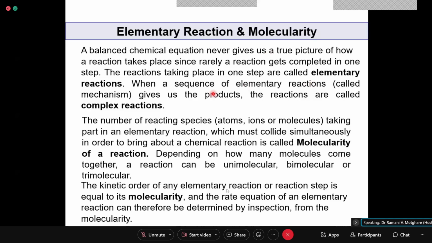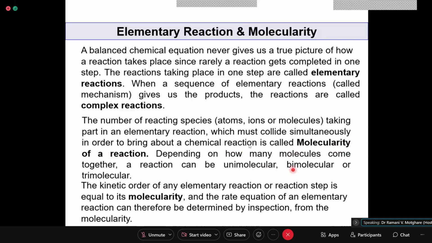When a sequence of elementary reactions, called a mechanism, gives us the products, the reactions are called complex reactions. The number of reacting species, atoms, ions, or molecules, taking part in an elementary reaction, which must collide simultaneously in order to bring about a chemical reaction, is called the molecularity of the reaction.